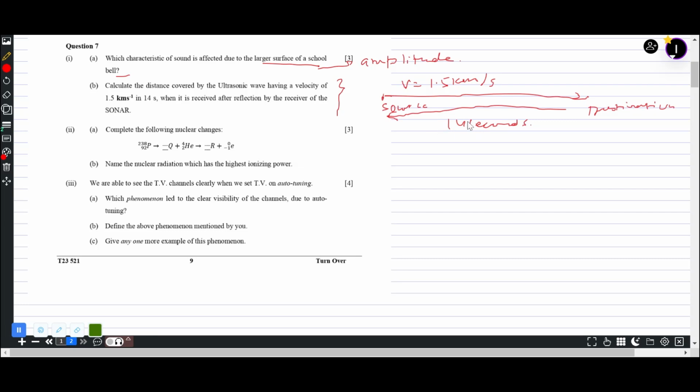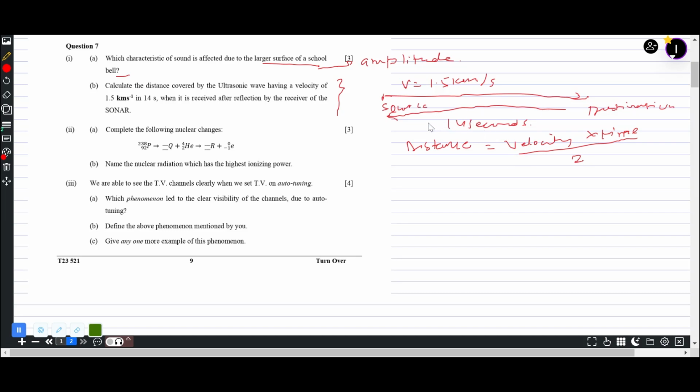So what we will do is calculate the distance. Distance is velocity into time, divided by 2, because it covers the same distance twice.